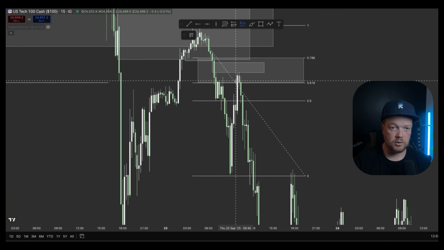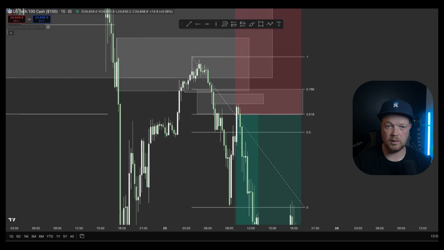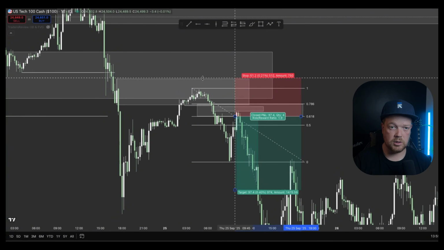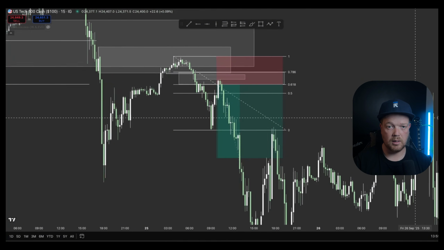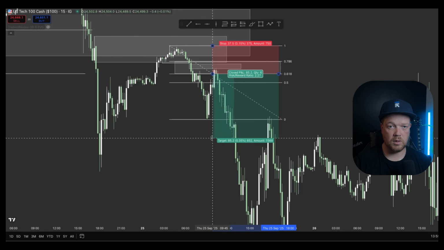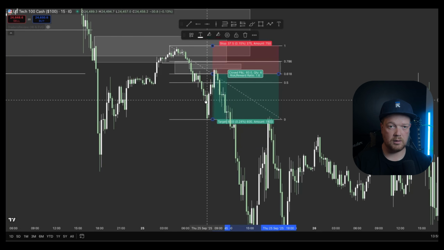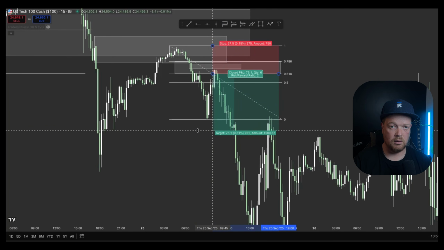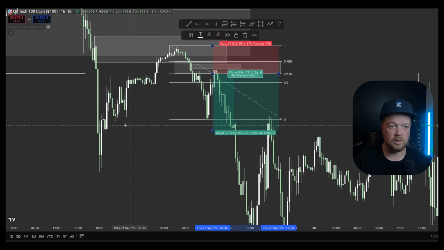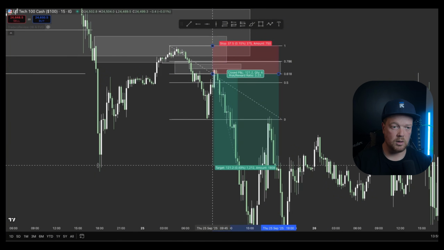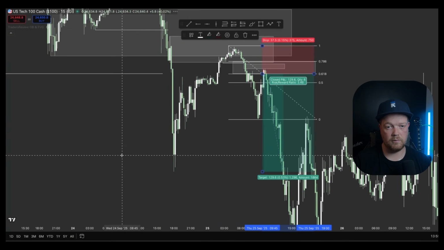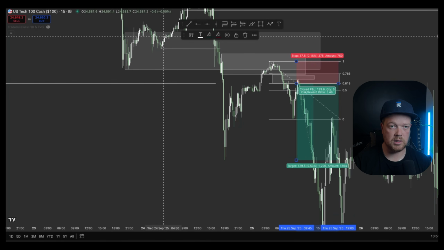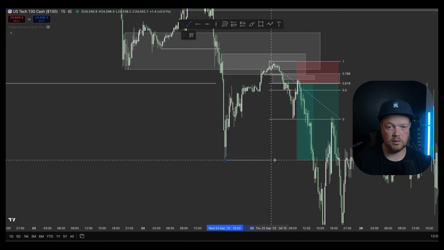You can take an entry on the zone right over here. You can put your stops just above these highs, and you can target a safe 1 or 2 risk to reward trade, equal basically with these lows. Or you can target the next obvious level of liquidity where we want to continue the trend down.